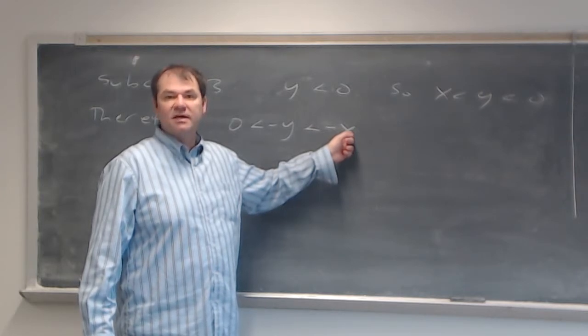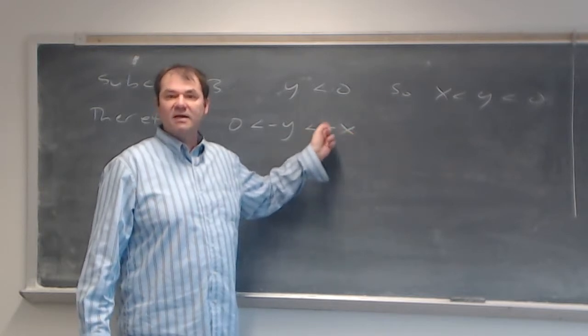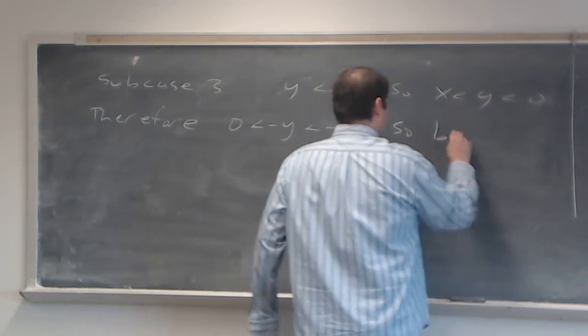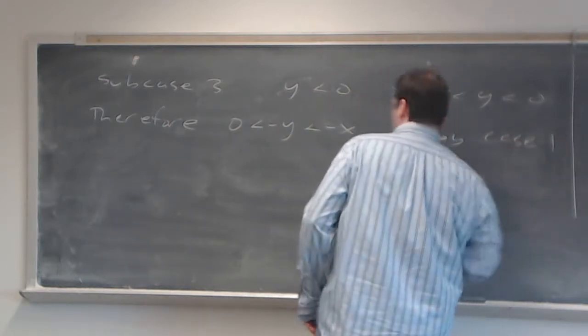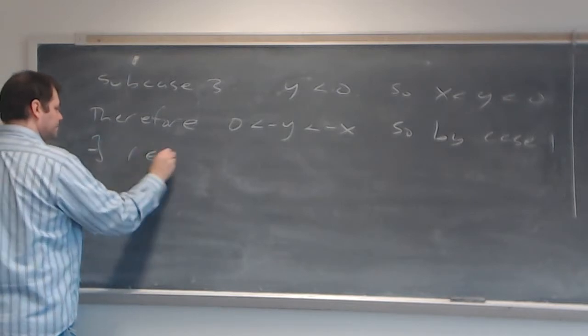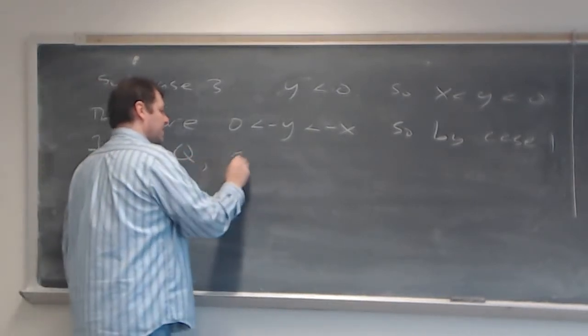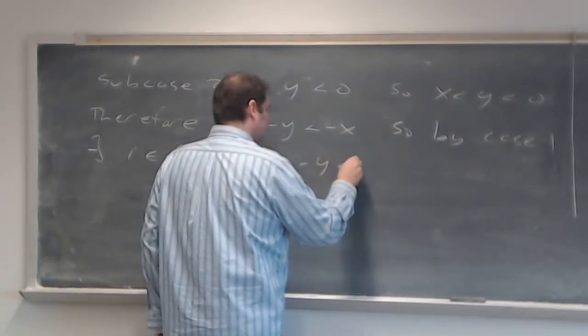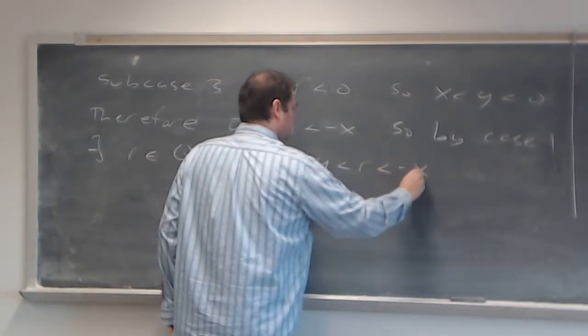That's what case 1 said. Case 1 was the case where we had two positive numbers. Is that okay? So by case 1, that's right, John, there exists a rational number r such that minus y is less than r is less than minus x.